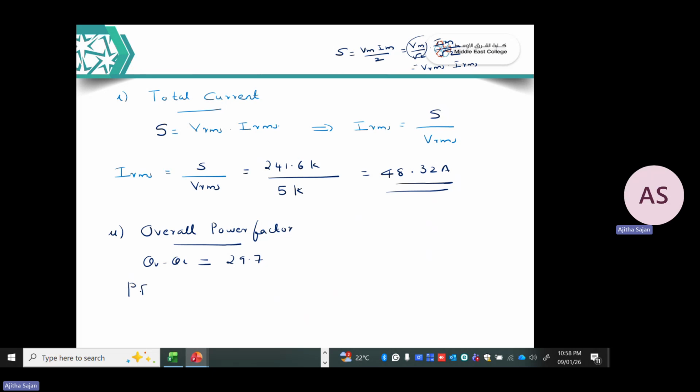So power factor is cos of theta V minus theta I, which is cos 29.7, equal to 0.86. So this is the answer of the complex power question. If the concept is still not clear, please understand from the theory part how the equations appear.